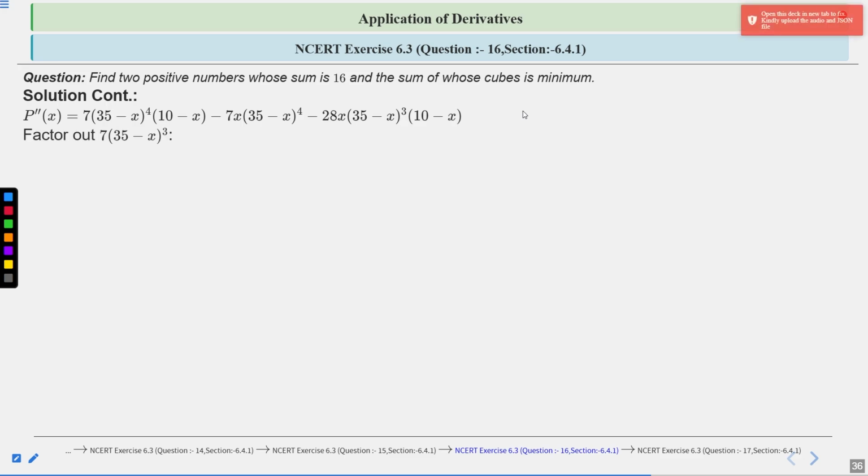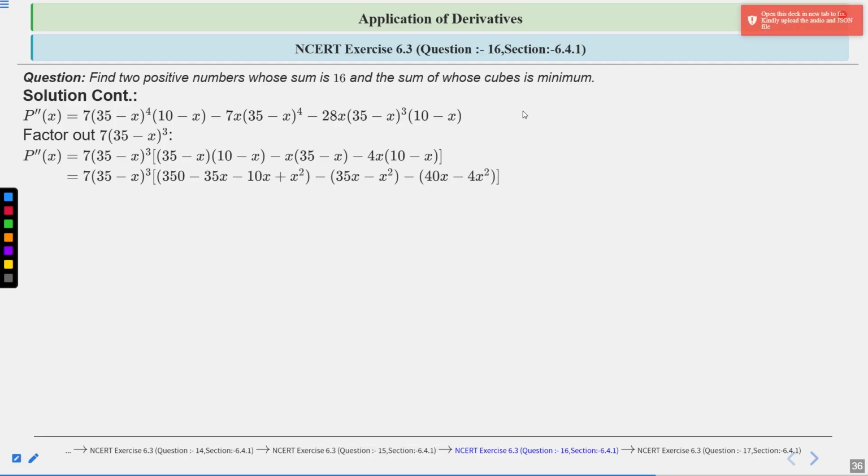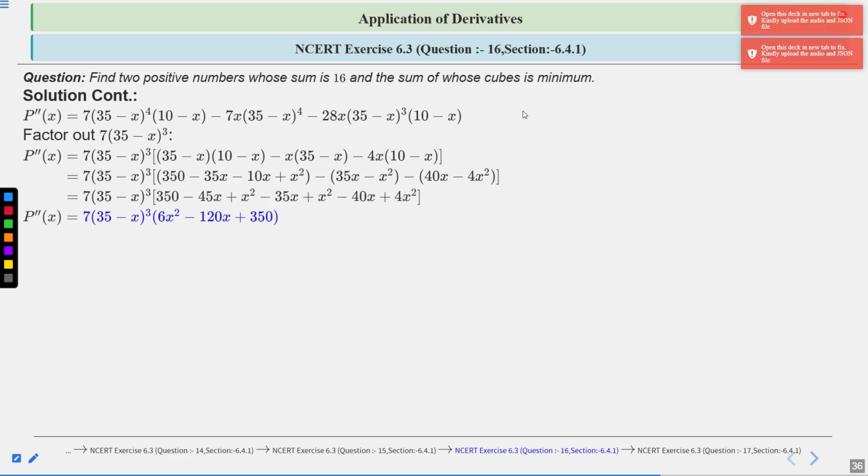Now factor out 7 times (35 minus x) whole cube, we will get p double dash x equal to 7 times (35 minus x) whole cube into [(35 minus x) into (10 minus x) minus x times (35 minus x) minus 4x times (10 minus x)], which is equal to 7 times (35 minus x) whole cube into [350 minus 35x minus 10x plus x square minus (35x minus x square) minus (40x minus 4x square)]. After simplification, you will get p double dash x equal to 7 times (35 minus x) whole cube into (6x square minus 120x plus 350).